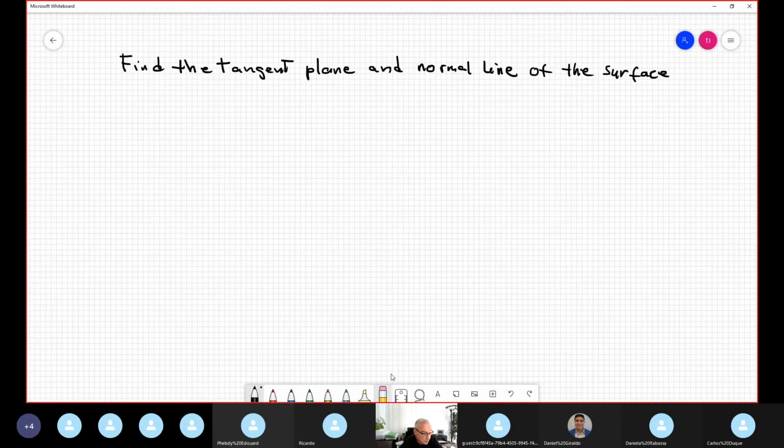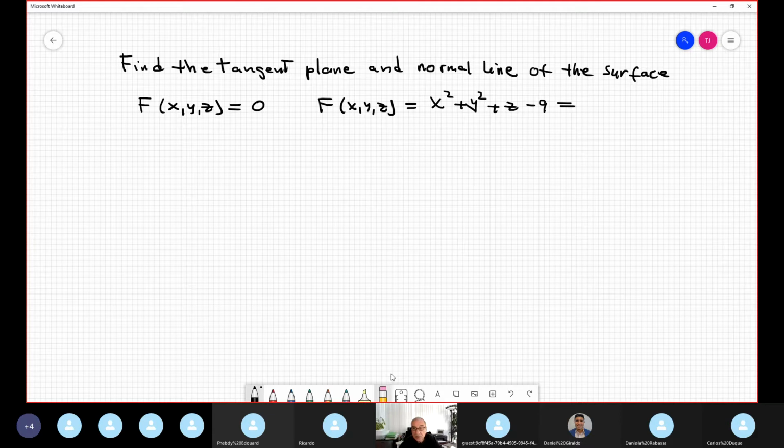Expressed in implicit, no? Entonces in implicit, suppose f of x, y, z is equal, you move everything equal to 0, this is implicit. Entonces in our example, f of x, y, z is equal x squared plus y squared plus z minus 9 equal to 0. Suppose que in one problem you have the equation expressed in implicit.